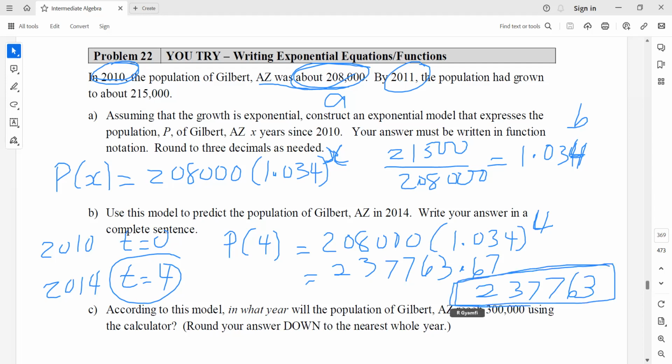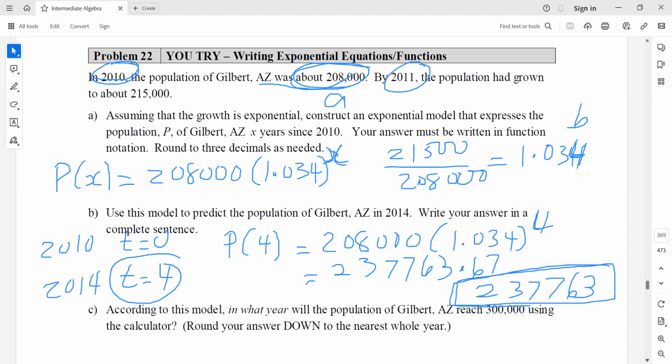Okay, so that would be the population in 2014. Now, because we are talking about population, we ignore the 0.67, right? Because we are talking about human beings, so it's better to round down than round up.